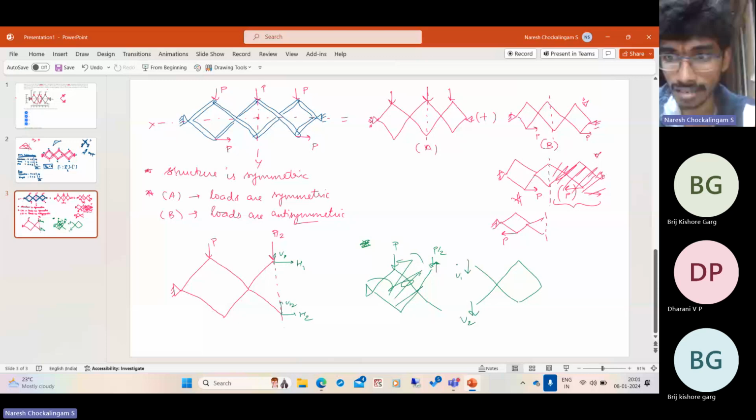But on the other half, although the loading conditions are identical, you have a downward force. So basically the loading is the same, which means this upward force has to be equal to the downward force, so it is equal to 0. If you have any other value, say 2, 2 cannot be equal to -2. The only case where a quantity is equal to its negative is when it is 0.